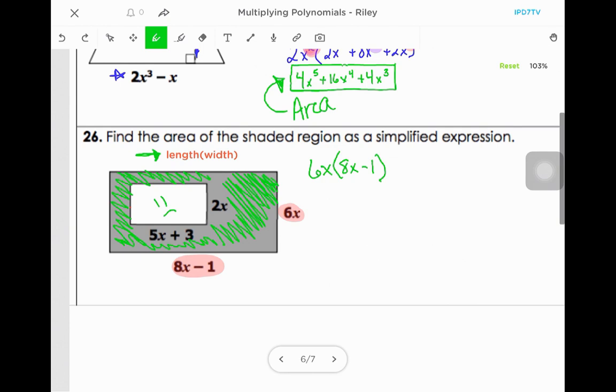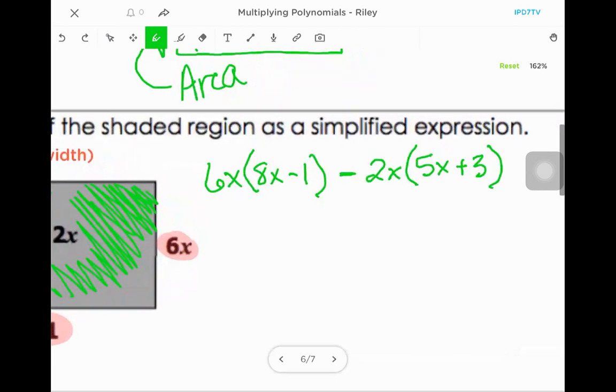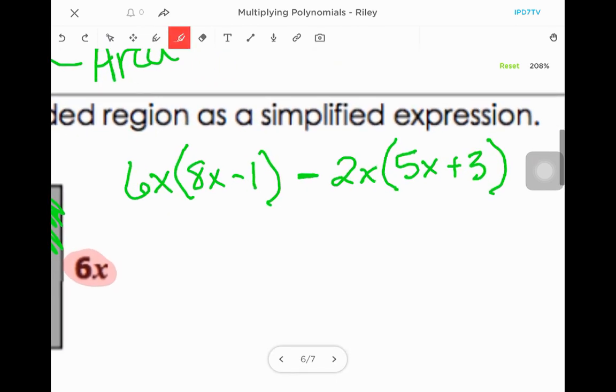I shouldn't say square, it's a rectangle. And then we're going to subtract from it the smaller one, which happens to be 2x times 5x plus 3. We're subtracting it.